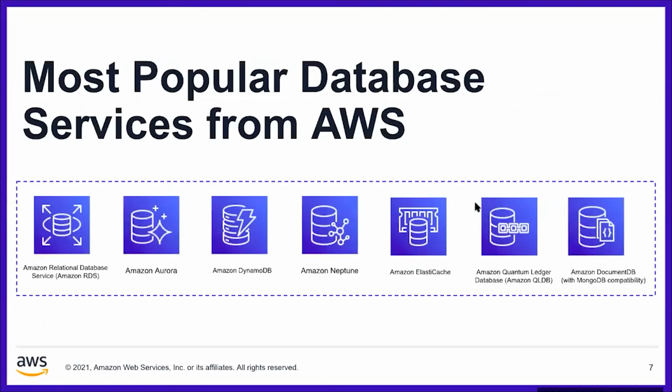This is one of my favorite slides, because on a day-to-day basis I use these most popular databases from AWS, mostly RDS, Aurora, and DynamoDB. These are the core of any software development company handling day-to-day application development and management.